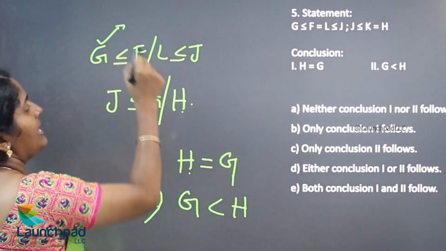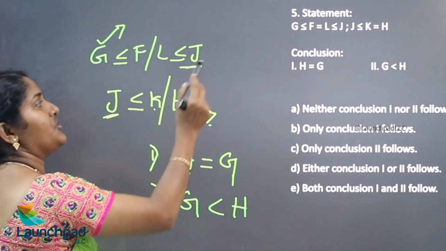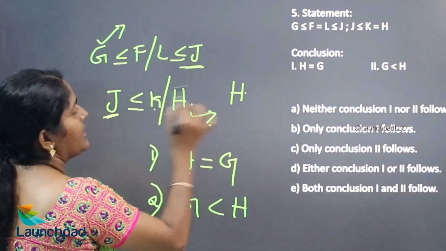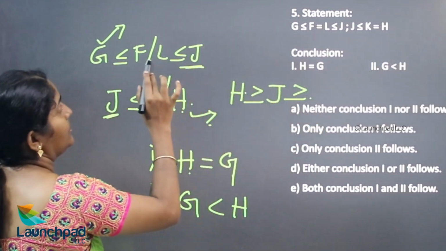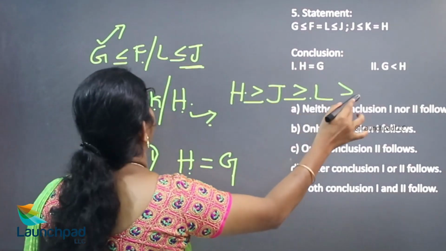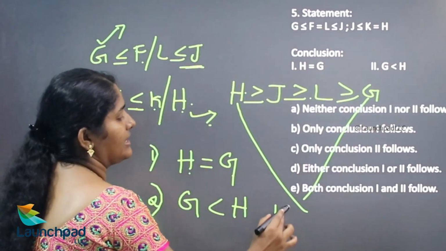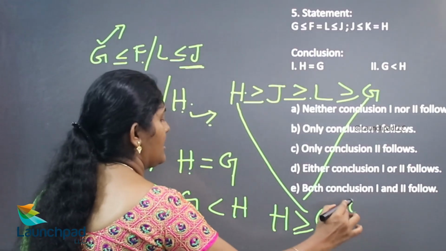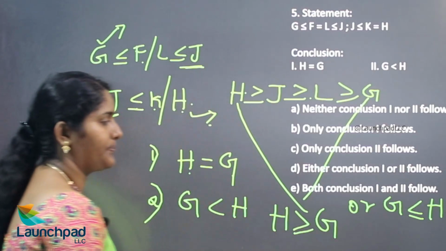Here G is available and here H is available. By connecting the common term J, I can connect into a single statement. H is greater than or equal to J, J is greater than or equal to L, and L is greater than or equal to G. By deriving these, we get H is greater than or equal to G. In another name, G is less than or equal to H.